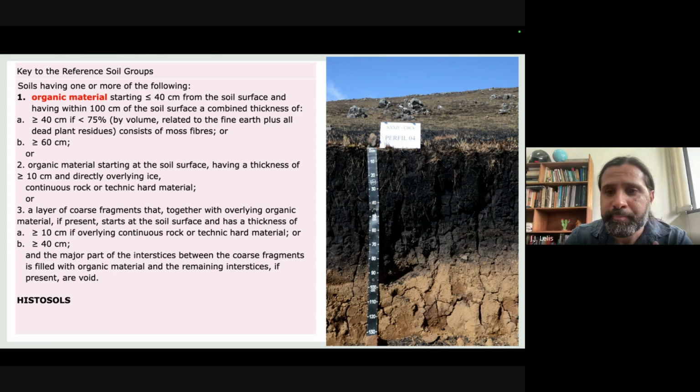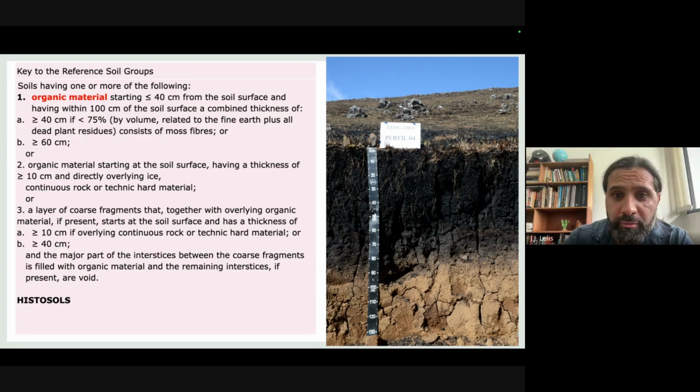centimeters, okay? I bolded the organic material and highlighted it in red because you must remember that organic material in the WRB definition is a little different from Soil Taxonomy.